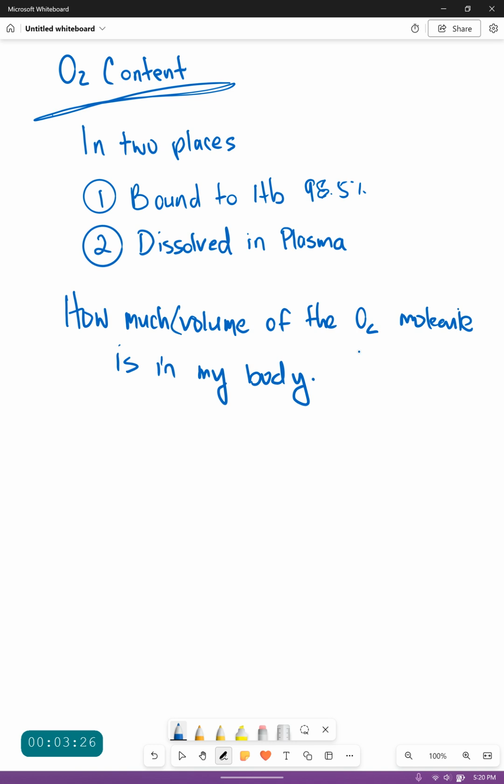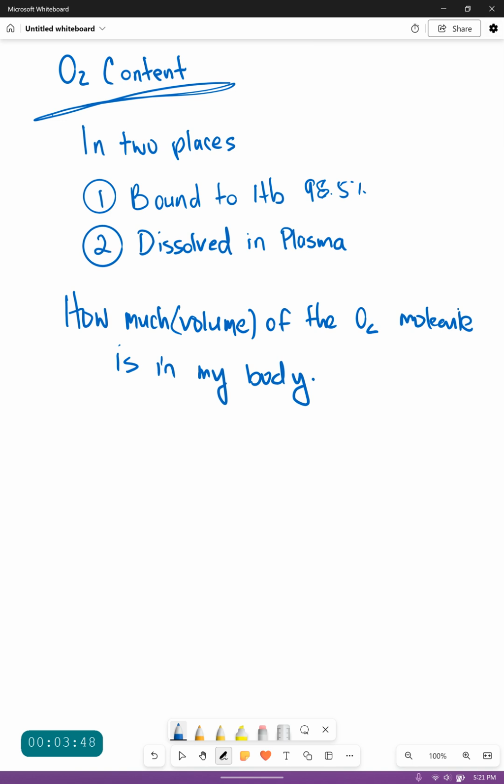We'll say volume because the answer is going to be in mLs per deciliter, which is volume percent, and I'll explain that. How much O2 in terms of volume? How much of this molecule is in my body?